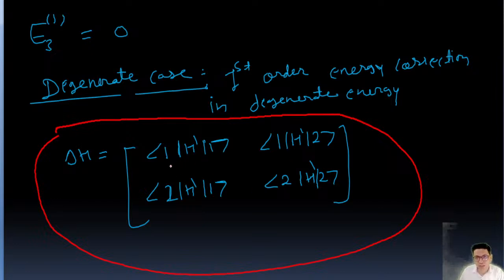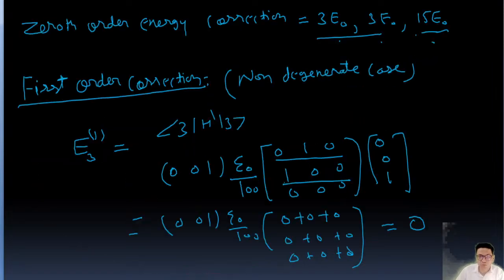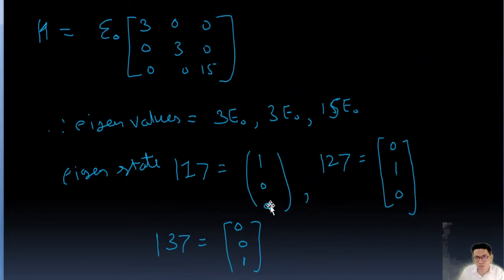Now we'll find this value, this value, this value, this value, one by one. So the value of <1|H'|1>. This one is (1 0 0), which is the ket form. The bra form is (0 0 1), which will be in the row.